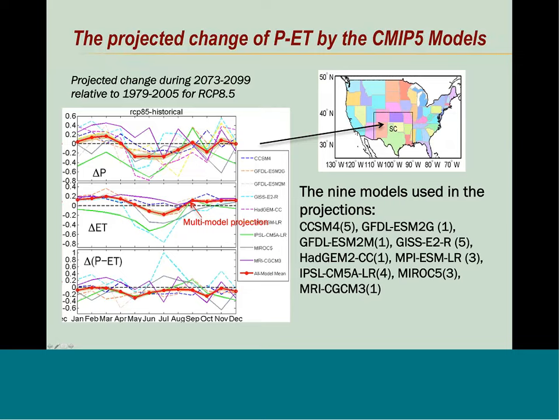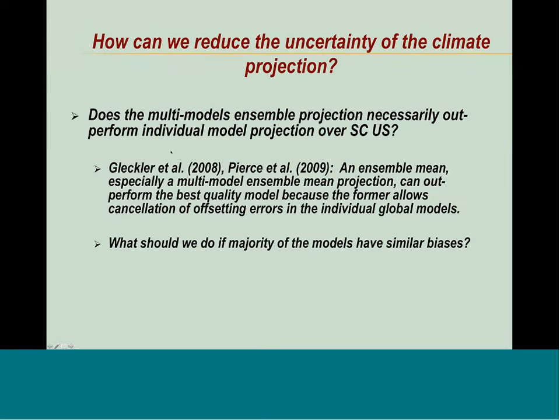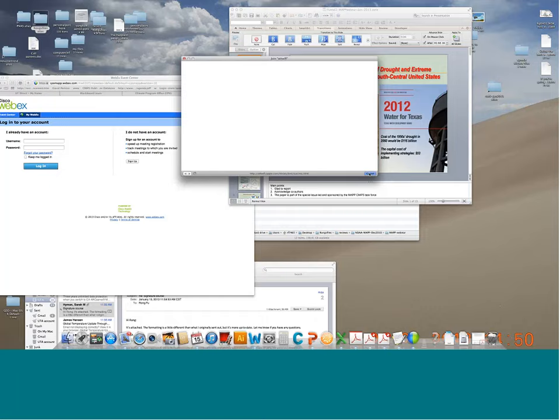So how can we reduce the uncertainty of this climate projection? One very common approach is multimodel ensemble projection. Many studies in the literature have shown that often the multimodel ensemble mean outperforms the best quality model.